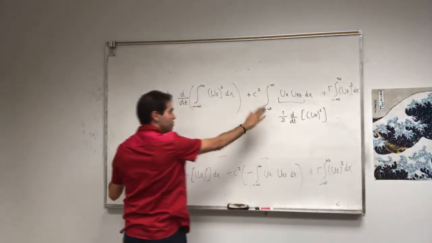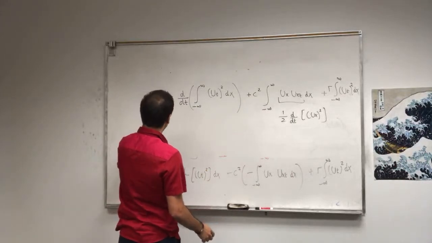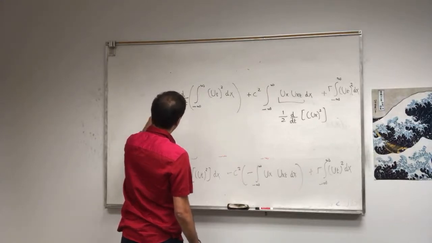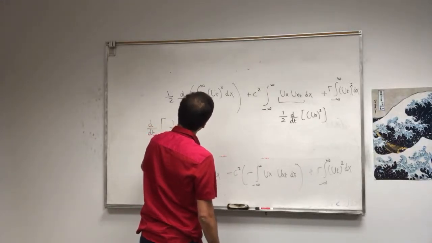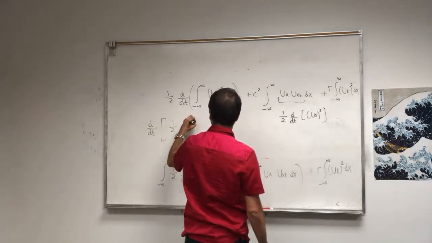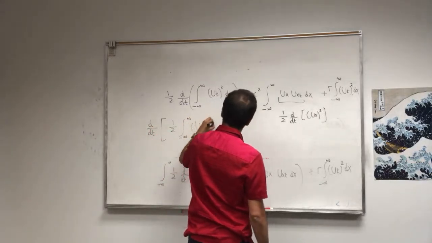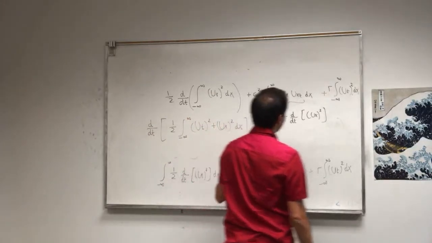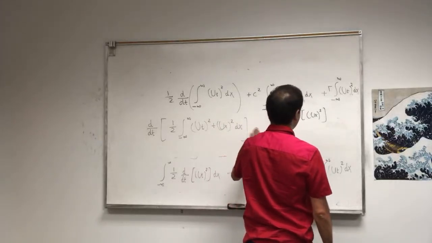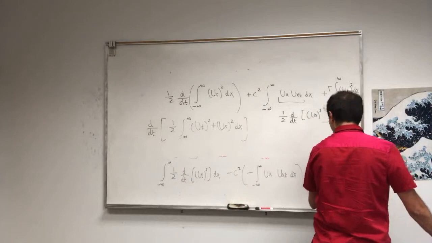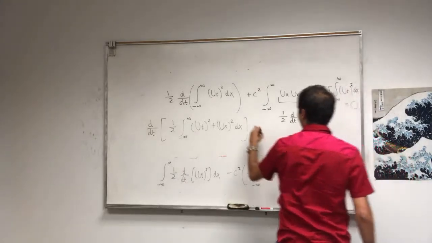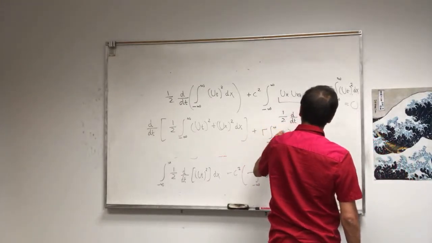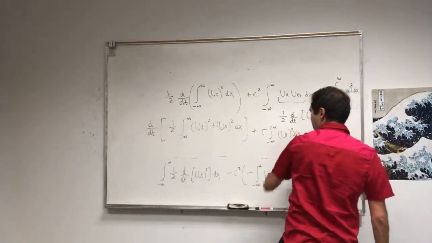Again, you have a plus, that's very important. And this just becomes d over dt of 1/2 the integral from minus infinity to infinity of ut squared plus ux squared dx, plus r times the integral of ut squared dx equals 0.